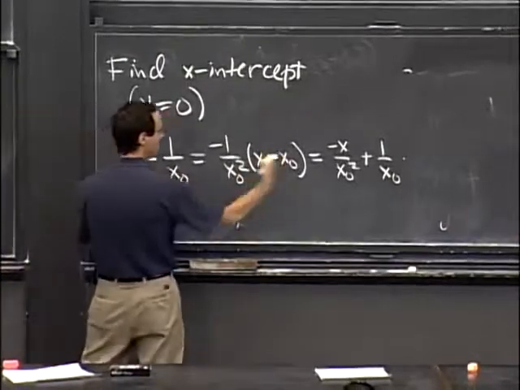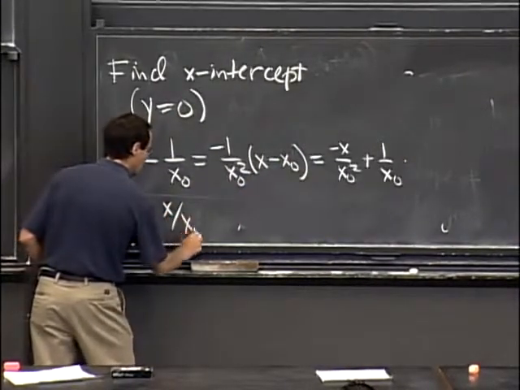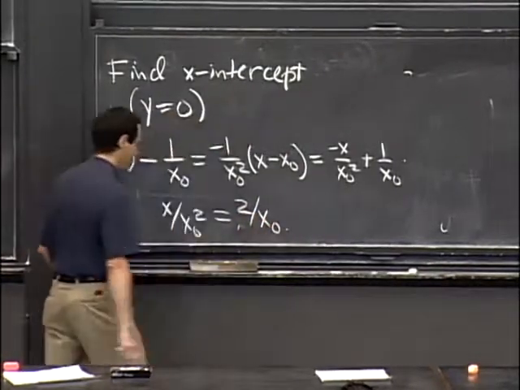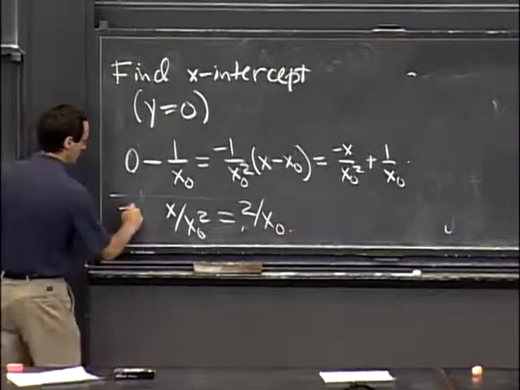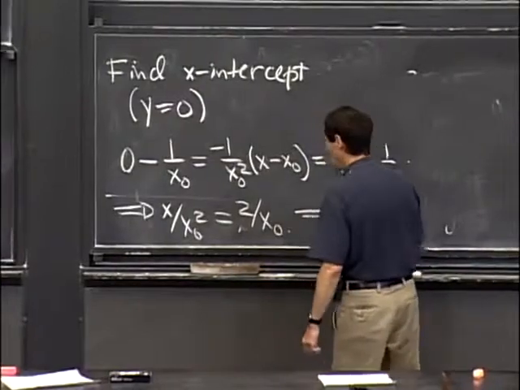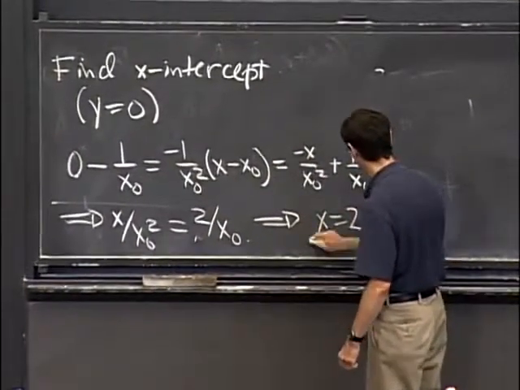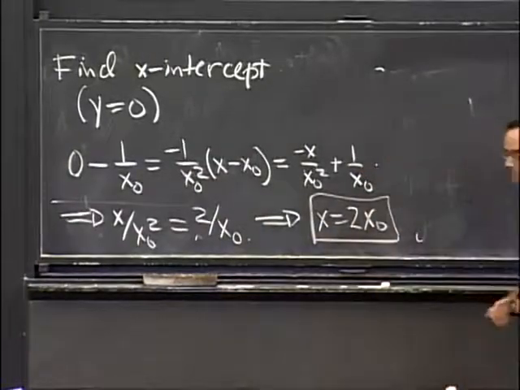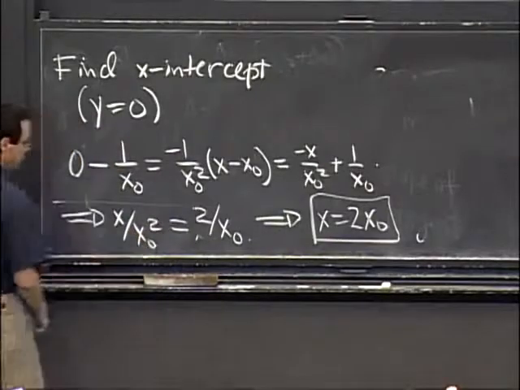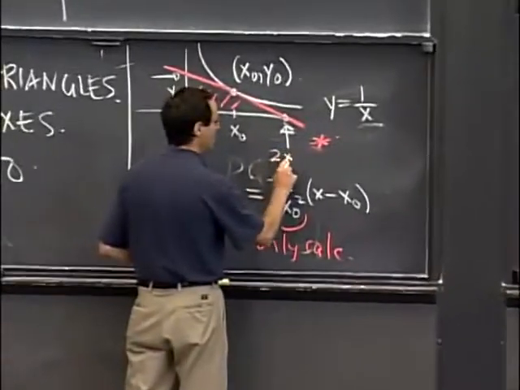And so if I put this on the other side, I get x divided by x0 squared is equal to 2 over x0. And if I then multiply through, so that's what this implies, and if I multiply through by x0 squared, I get x is equal to 2x0. Okay? Okay, so I claim that this point we've just calculated, it's 2x0.